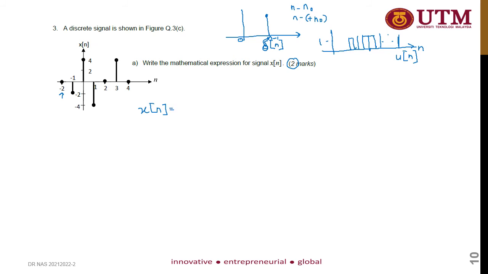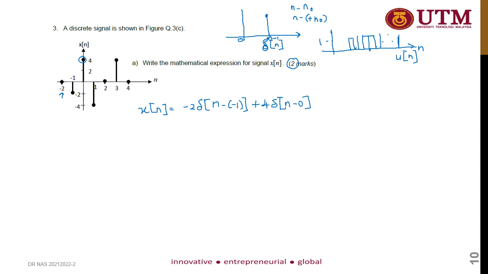At the first one that has amplitude, its magnitude is minus 2, and delta n plus 1, because it is at the position of n equal to minus 1. Then plus the magnitude of 4, and again the delta function for n minus n naught is 0 in this case.